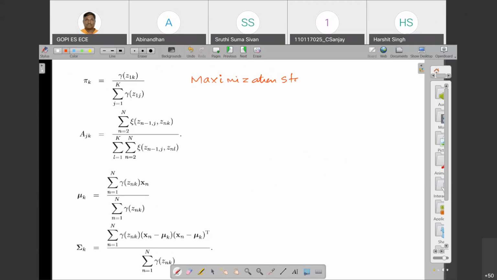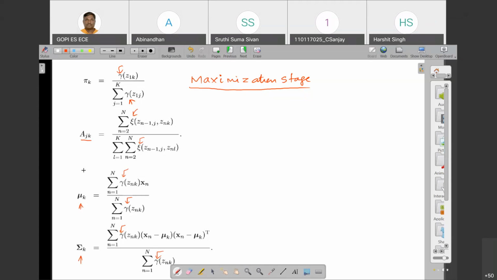It's very interesting. I'm not giving you the complete steps involved. By differentiating and equating that to 0, and applying the condition also, we get an expression for pi k in terms of gamma. And similarly, A_jk in terms of zeta here, and then mu k, the mean, and the covariance matrix, are also in terms of gamma here.